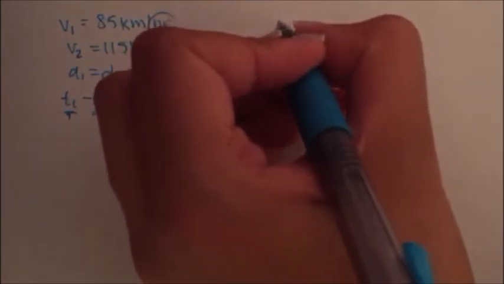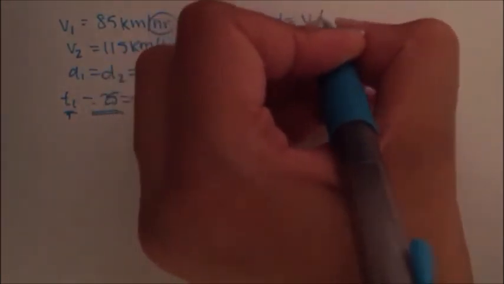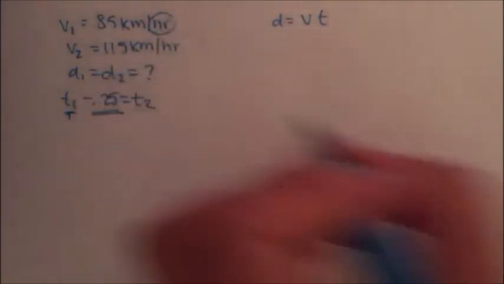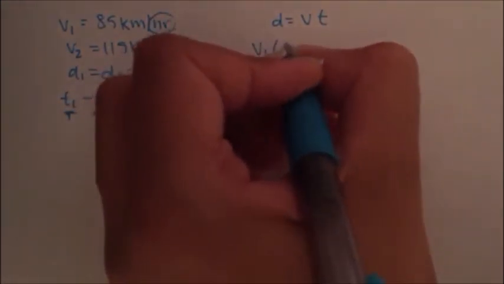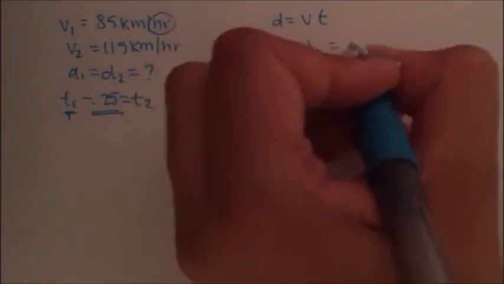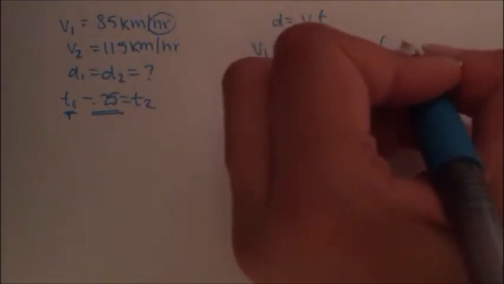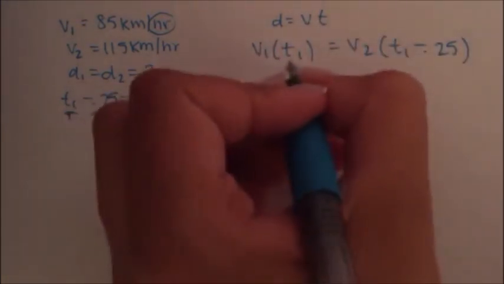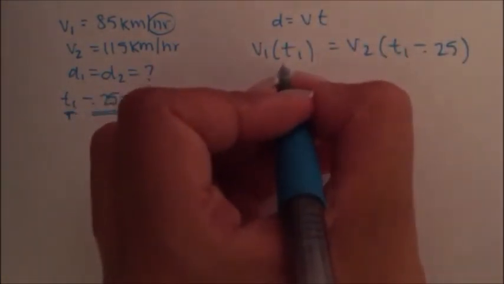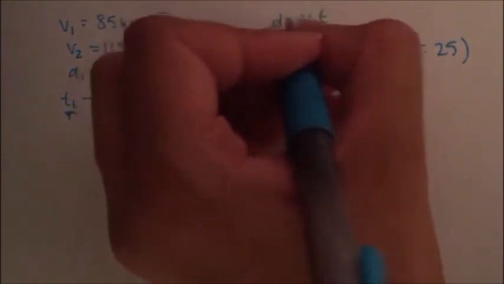Okay, so again, we're dealing with constant velocity, so the equation we're going to be using is distance equals velocity times time. And we know that two distances are equal, so we're going to set up our equation. Velocity 1 times time 1 is going to give us velocity 2 times time 2, which is time 1 minus 0.25. So the first step we're going to do is solve for time 1 in order to eventually solve for the distance.